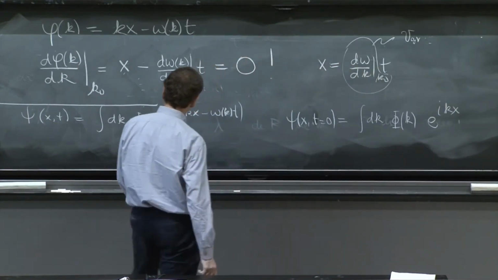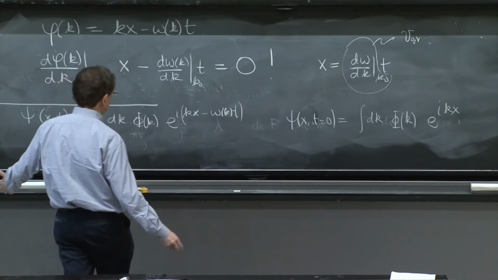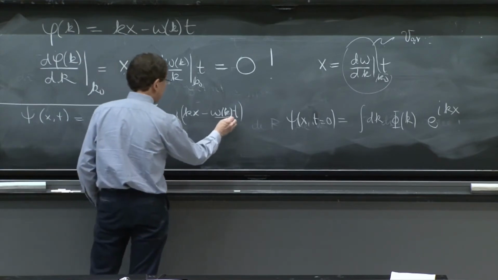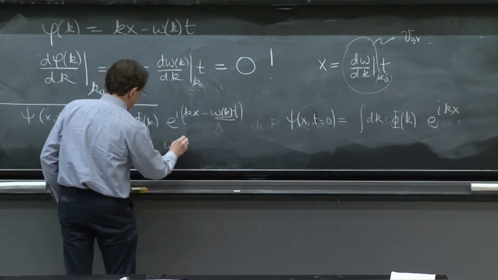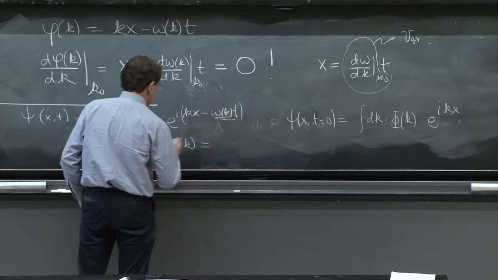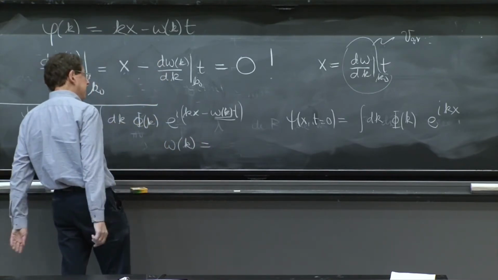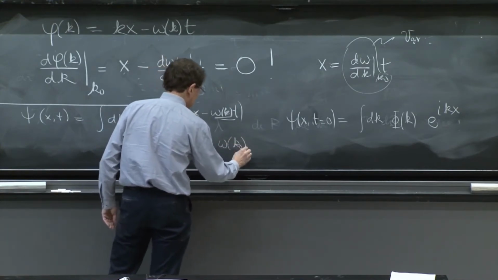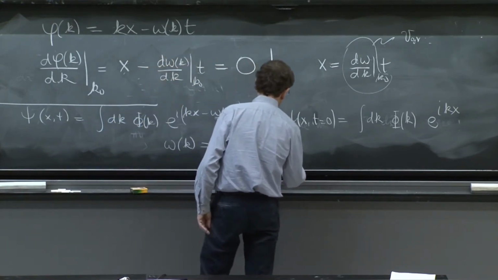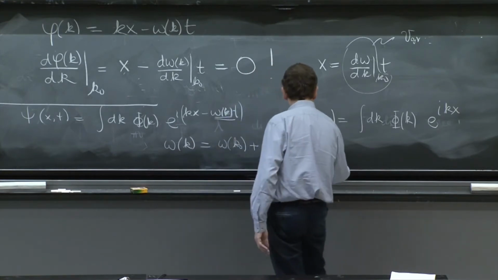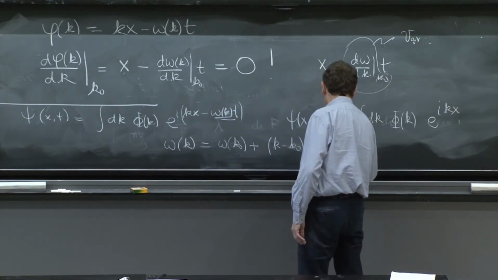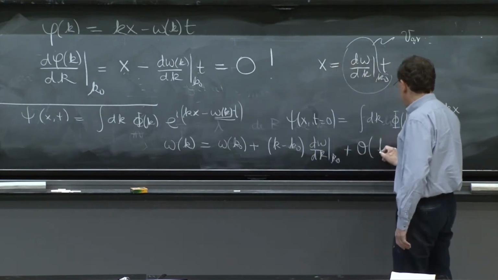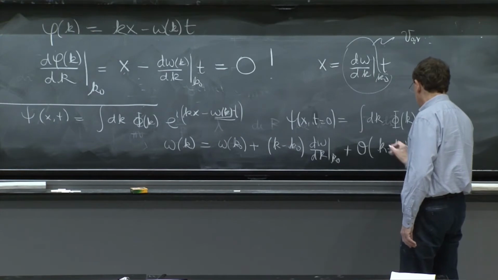So we have this thing here, and I cannot do the integral unless I do some approximations, and I will approximate omega. Omega of k, since we're anyway going to integrate around k naught, let's do a Taylor series. It is omega of k naught plus (k minus k naught) times the derivative of omega with respect to k at k naught, plus order (k minus k naught) squared.